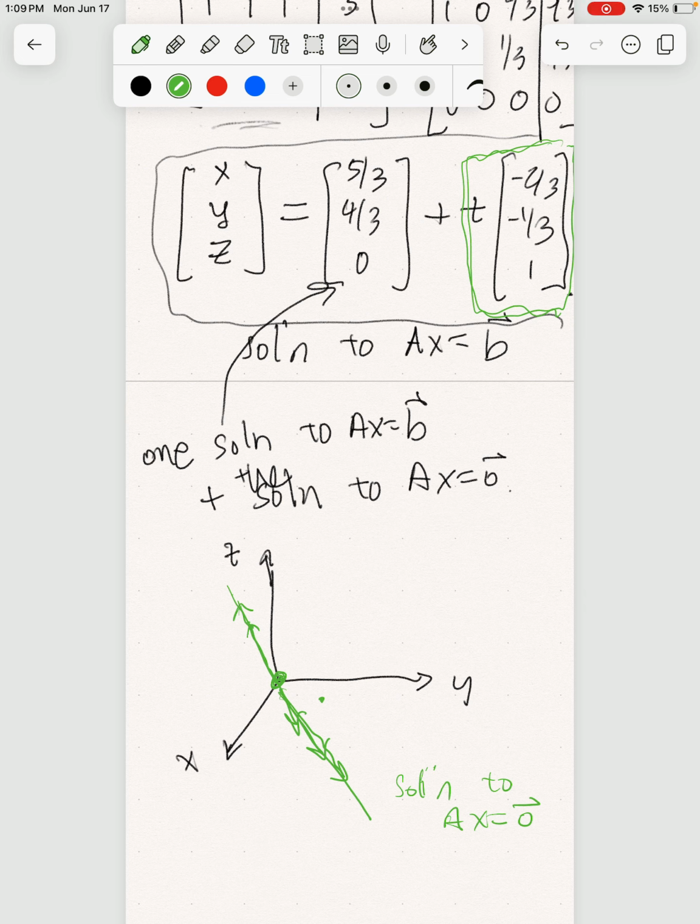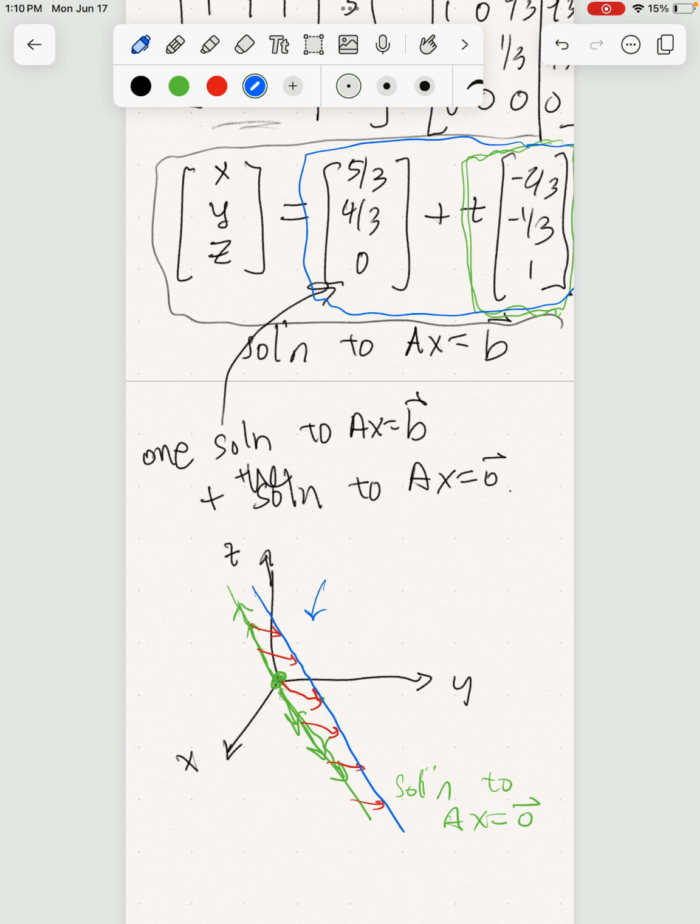Similarly, if you take any other vector, let's do a different color. Let's put this solution in blue. You're just translating by this vector. All these vectors are just going to get translated by that amount, and what you're going to get is this blue solution here.